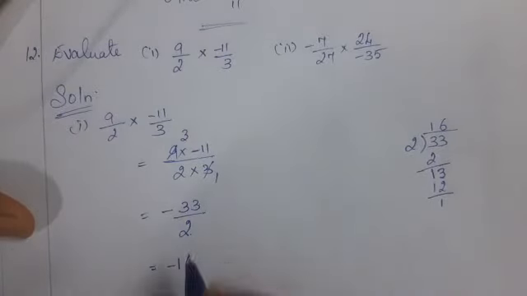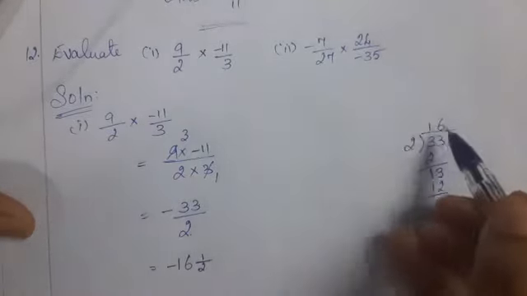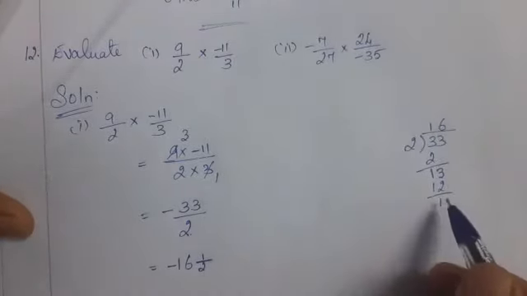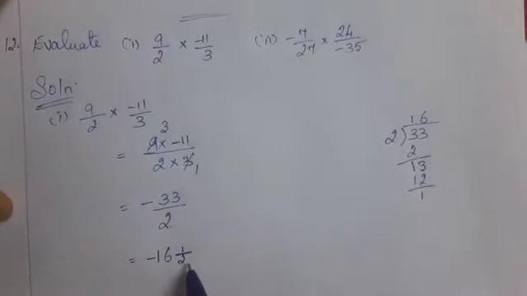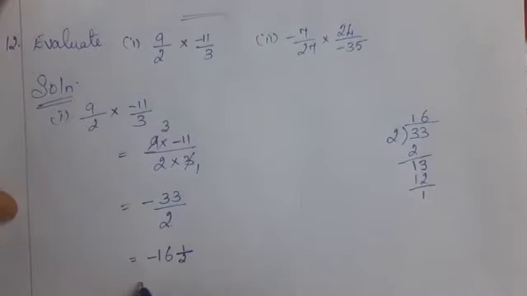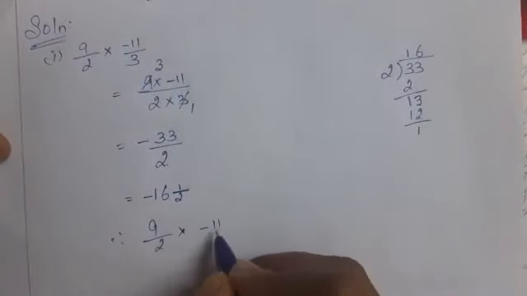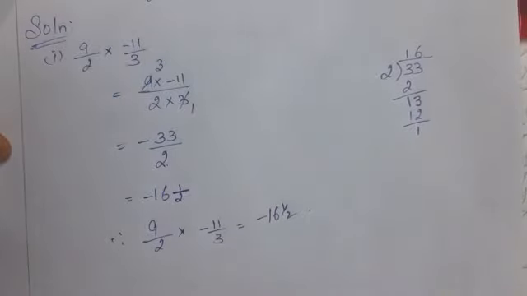Then write the remainder divided by 2. You must write in the mixed form: minus, the quotient, then the remainder divided by the divisor. Therefore, 9 by 2 into minus 11 by 3 is equal to minus 16 1 by 2.